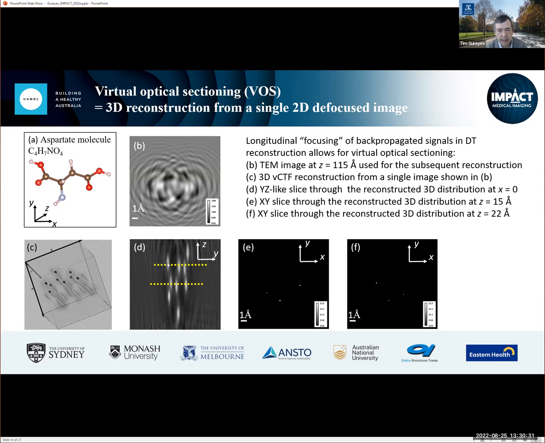And if we just locate the peaks of these blobs, we can find quite accurately the location of every single atom in this molecule from a single two-dimensional image. So that's the virtual optical sectioning. It would be great, of course, to do it with X-rays because we would need only a single image to reconstruct the whole three-dimensional object, but it's challenging.